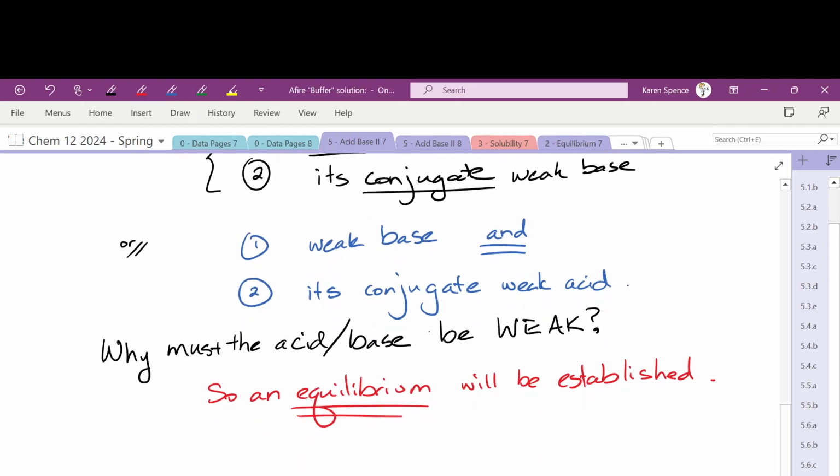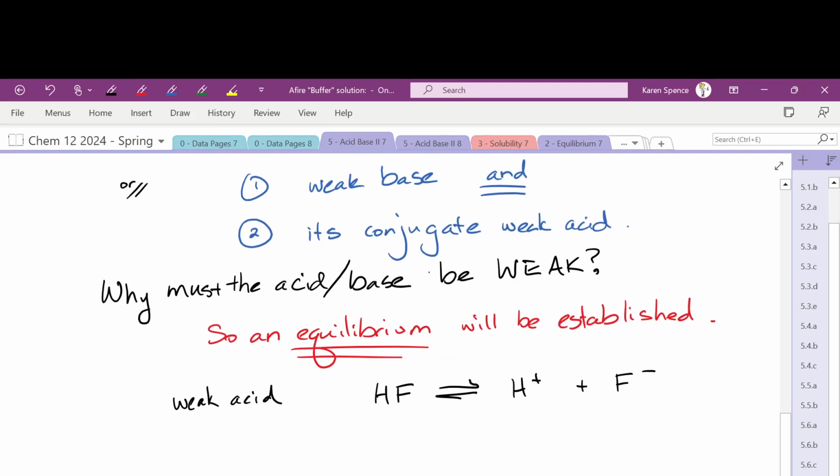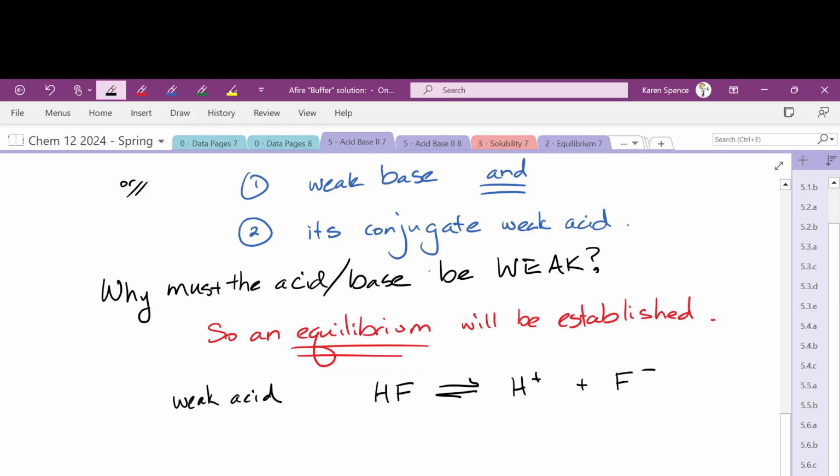So let's compare a weak acid, let's call it HF, H plus F minus, with a strong acid, HCl, H plus Cl minus. Why is it important that this be an equilibrium?